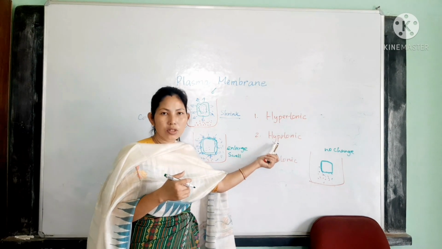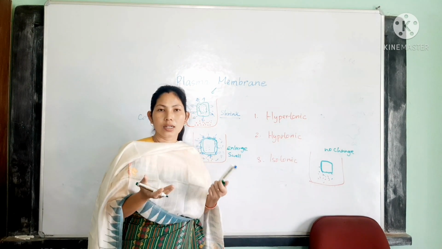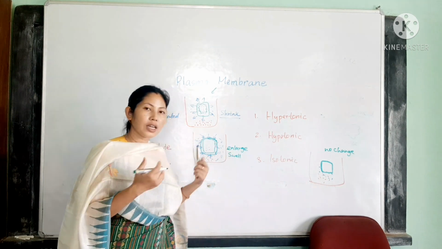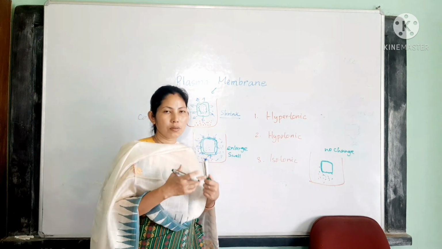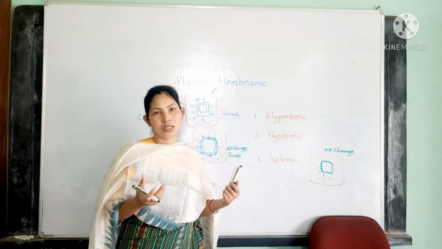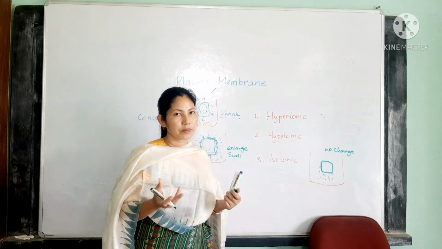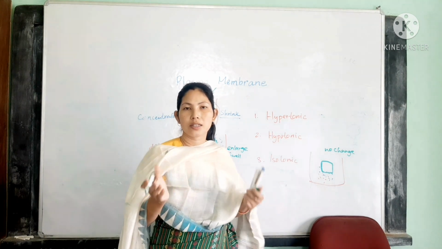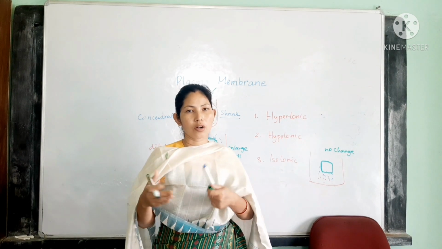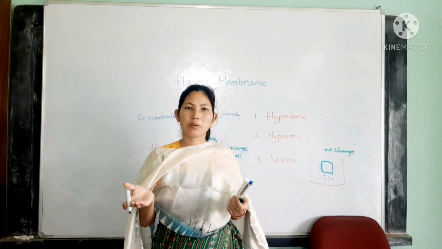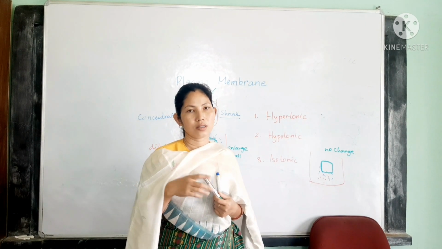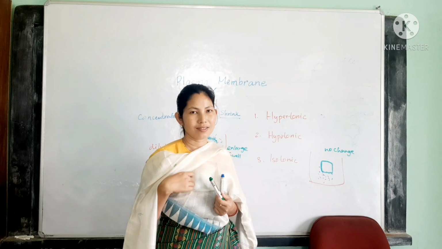Secondly, in the hypotonic solution, which is dilute with more water, the cell will gain water by osmosis, increase its size and swell up. In the third condition, as the solute and solvent are in equal proportion, there will be no net movement and no change in the size of the cell.